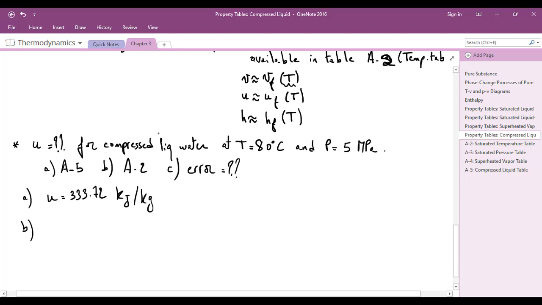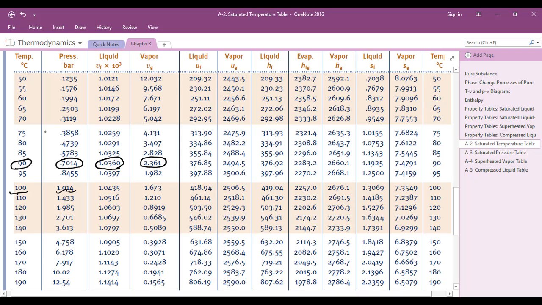Let's say we don't have the compressed liquid table, and we're only left with the saturated liquid vapor table. So we will use the temperature table, as we said, A2. Since now we're at a temperature of 80 degrees Celsius, we go to 80 degrees here, and the internal energy U will be equal to Uf, 334.86.